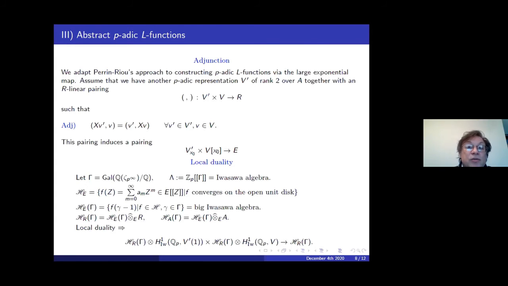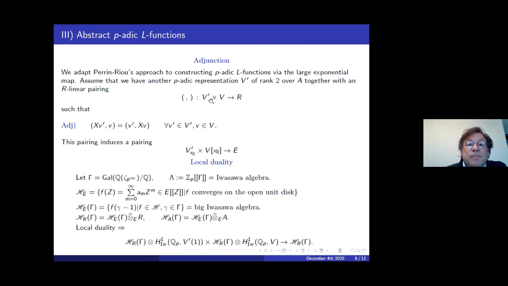We assume that we have another P-Adic representation V prime of rank 2 over A, together with an R-linear pairing between V prime and V. This is an important point.